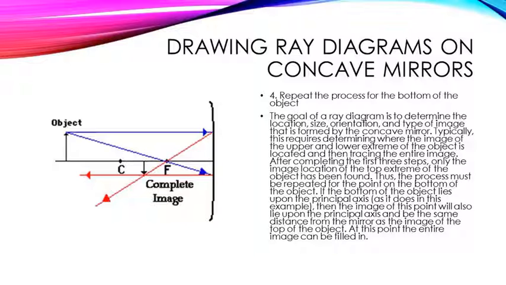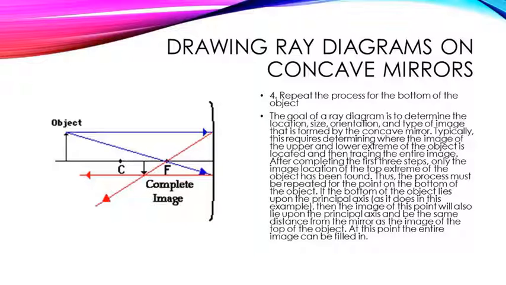The goal of a ray diagram is to determine the location, size, orientation and type of image that is formed by a concave mirror. Typically, this requires determining where the image of the upper and lower extreme of the object is located and tracing the entire image. After completing the first 3 steps, only the image location of the top extreme of the object has been found.